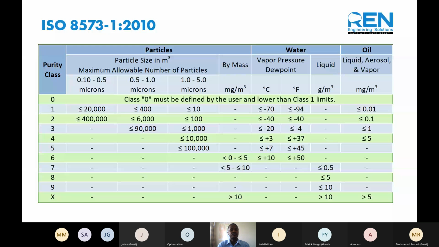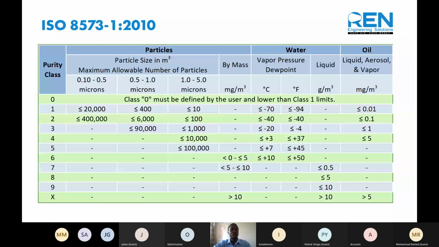ISO 8573 is the most critical standard when considering compressed air quality. This standard defines compressed air quality classes and is the common language that links you, the manufacturer, who would like a specific quality of compressed air, and the manufacturers of equipment.